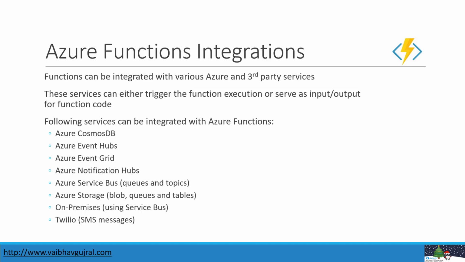The following services can be integrated with Azure Functions: Azure Cosmos DB, Event Hub, Event Grid, Notification Hub, Service Bus queues and topics, Storage Blob queues and tables. Azure Functions can connect to on-premise systems using Service Bus. Azure Functions can also connect with Twilio for SMS messaging.